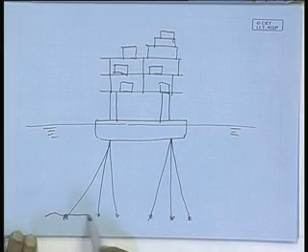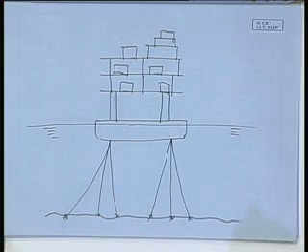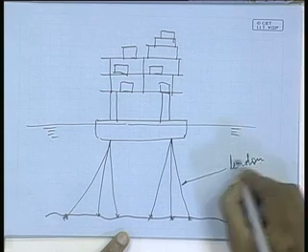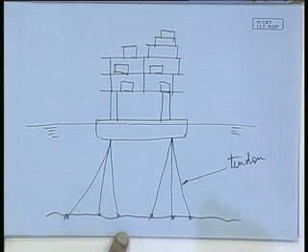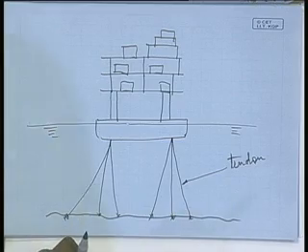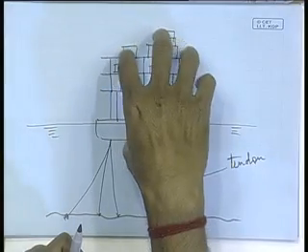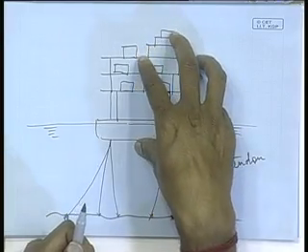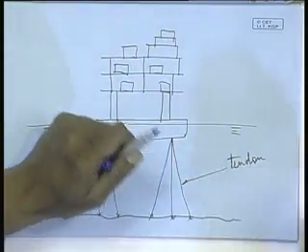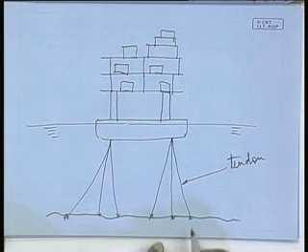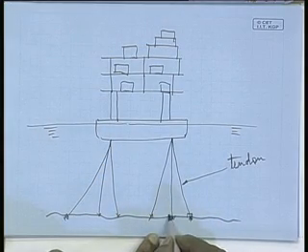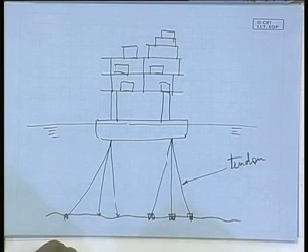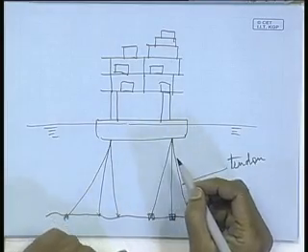This is my sea bottom, right. These are the tendons. What is done is, you tie the entire floating platform with ropes down at the seabed. At the seabed you have the necessary tying arrangement, or so to say hooks grouted in the seabed, to which you tie it, right.